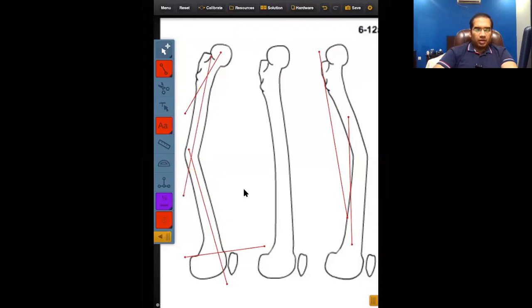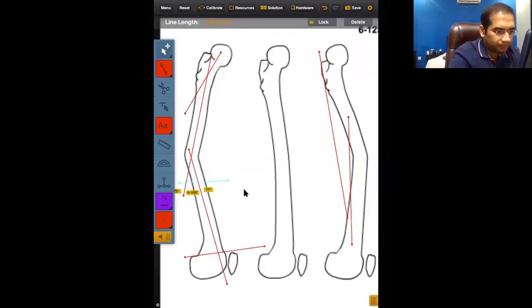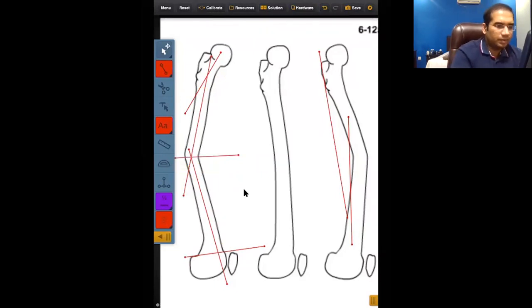Okay, so let me show you one thing. Now let us just correct the deformity. I've drawn a bisector.